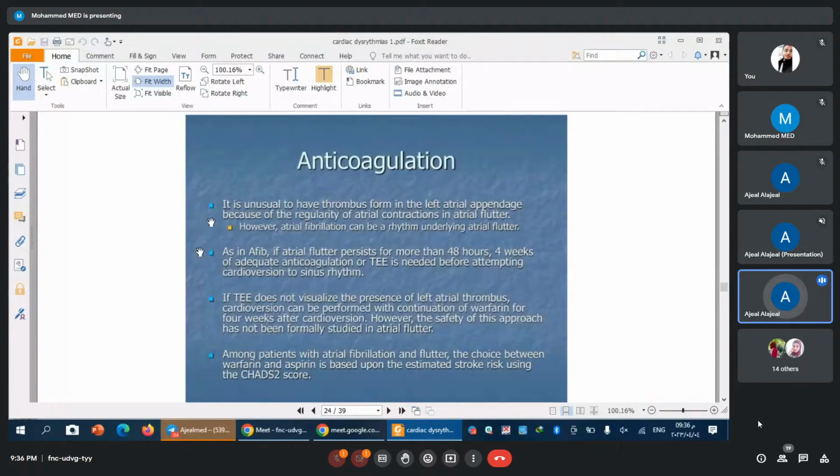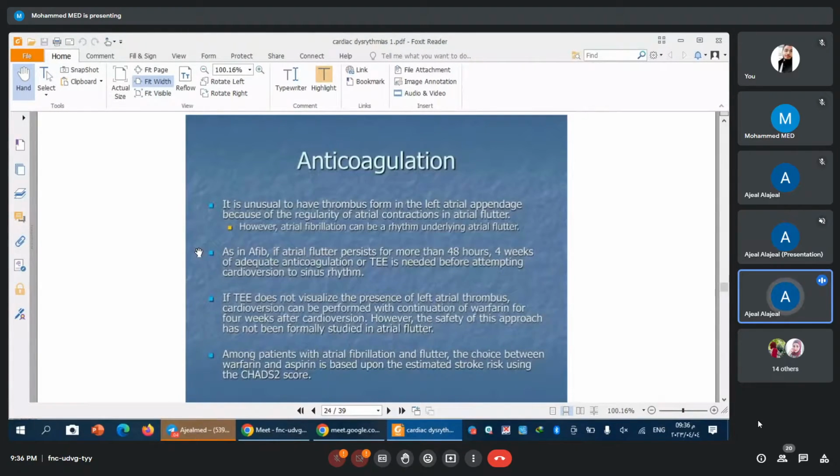Anticoagulation. Anticoagulants are indicated in atrial fibrillation, in particular in cases, take it from me, the danger of embolization with atrial fibrillation is high. And every now and then, you lose a patient or a relative or a friend because he was not anticoagulated.